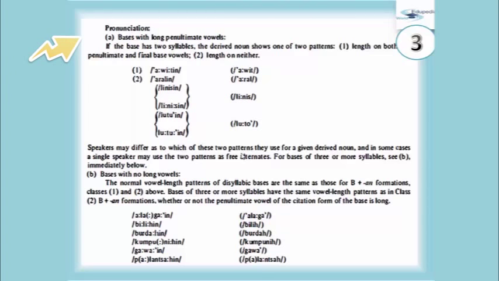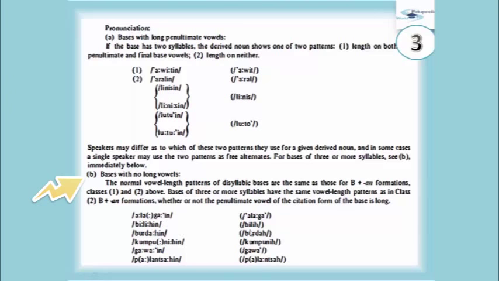For bases of three or more syllables, immediately as to the following. Bases with no long vowels. The normal vowel length patterns of the derived nouns are the same as those for B plus an formation. For example, in 1 and 2 above, bases of three or more syllables have the same vowel length patterns as in the class 2, which is B plus an formation, whether or not the penultimate vowel of the citation form of the base is long.